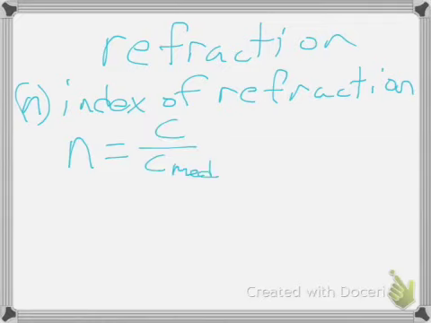I think I might have put it the other way around today, so just check your notes and make sure. Anyway, that's how we find the index of refraction. If you recall, refraction was when light entered a new medium, it got bent a little bit and redirected. And so we're going to focus on that right now.